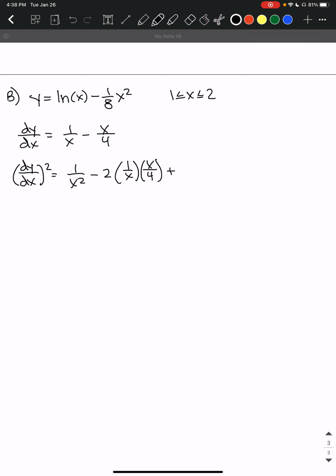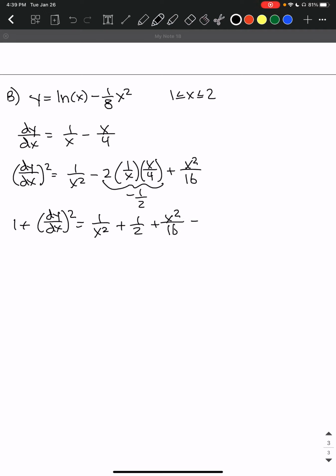And I add to that x squared over 16. Again, this becomes minus a half, so when I add 1 to it, I get 1 over x squared plus a half plus x squared over 16, which, as you guessed, is a perfect square without the minus sign of this expression, which we've seen before.